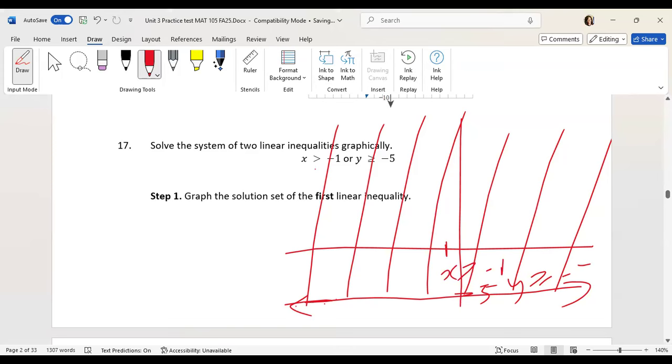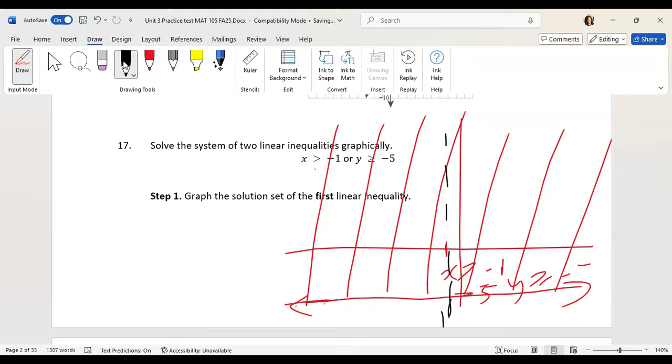So everybody should be careful: the line x greater than negative 1 will be a broken line.